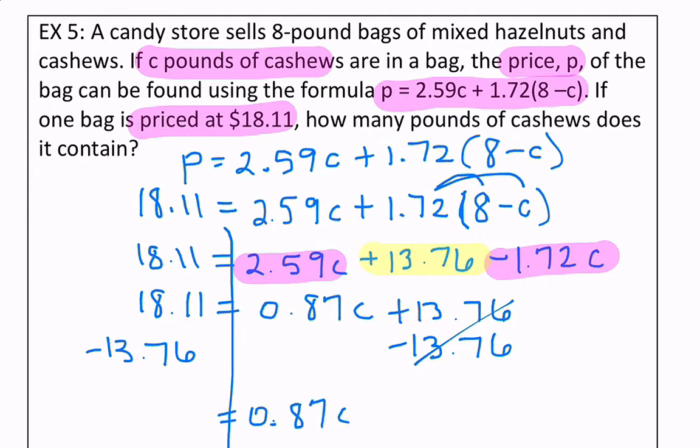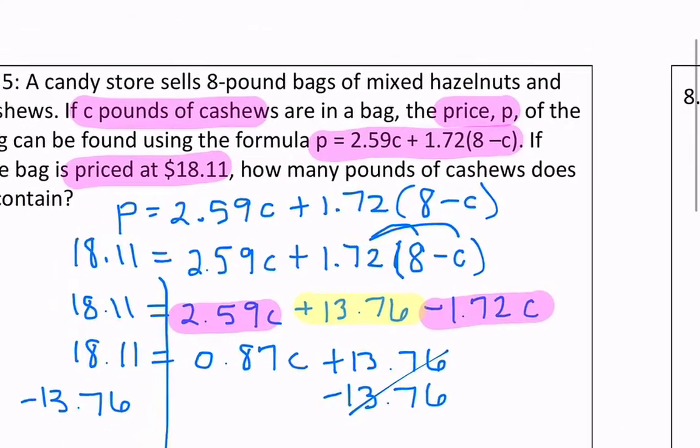Always put your equal sign on the line. On the left-hand side, we had 18.11, subtract 13.76, and that's going to come out to be 4.35. All right, I'm going to shrink this down a little bit just because I'm running out of room.